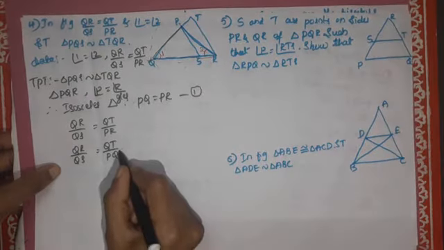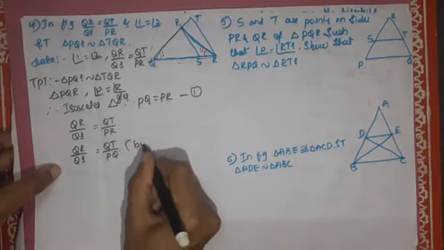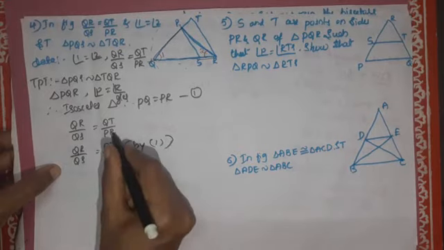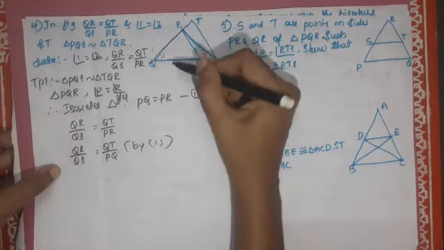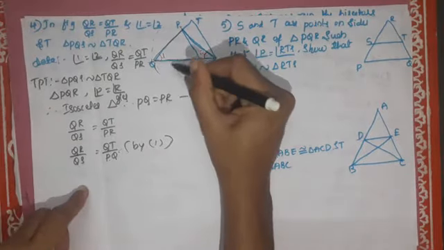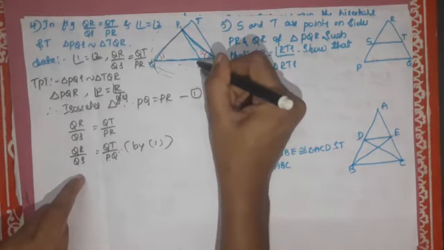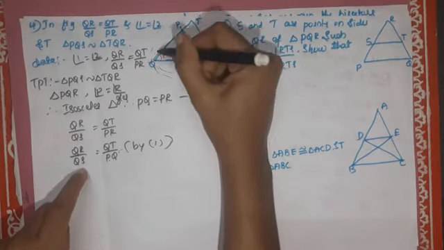See here, by using equation 1 we have written PR as PQ. So here QR by QS equals QT by PQ.